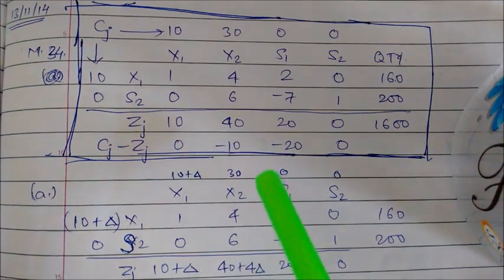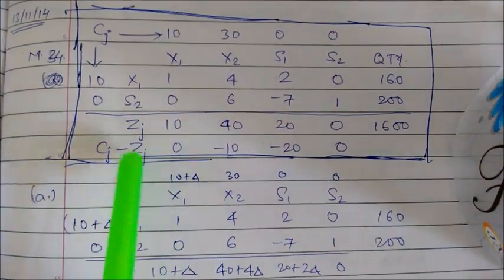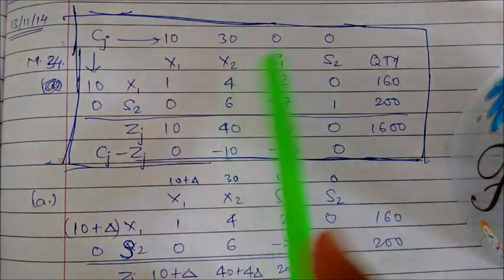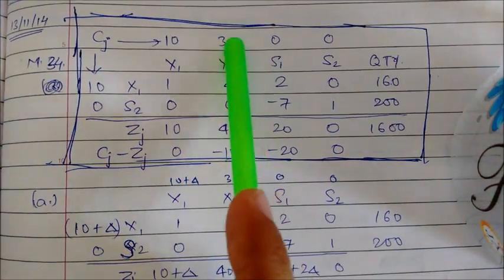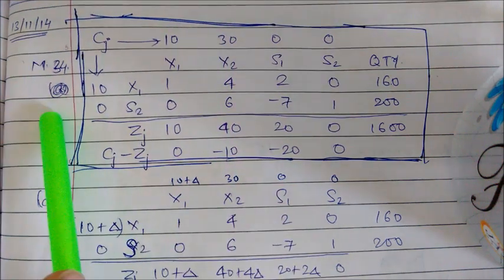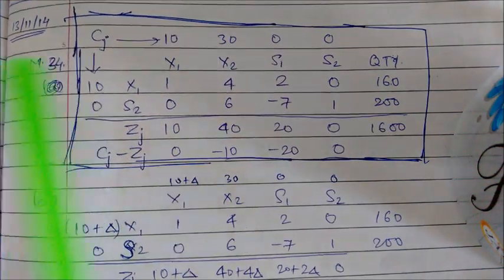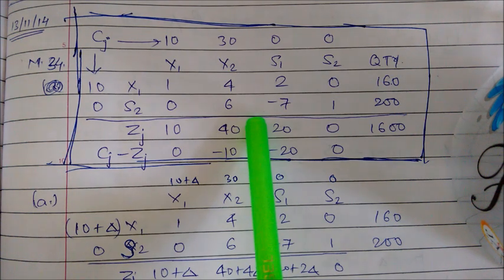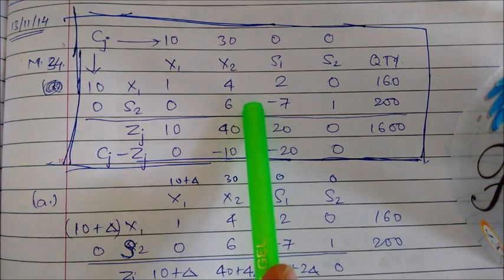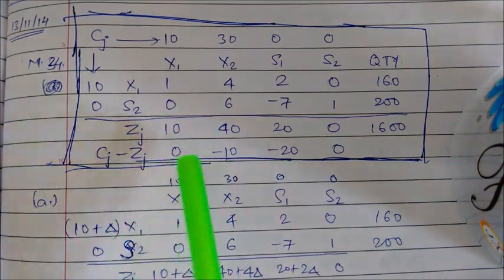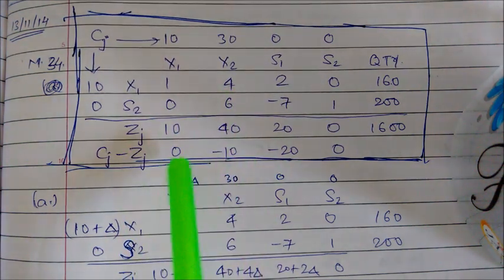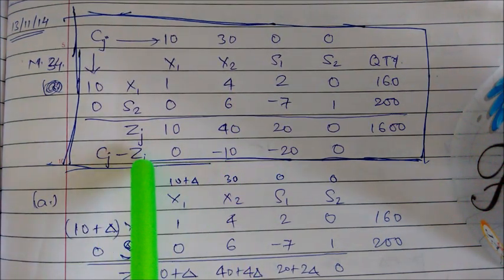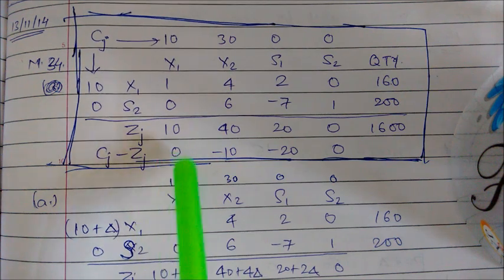Even if we add delta out here like we did in the previous case, that 30 plus delta effect would not come out here because x2 is not there in the basis. So in order to verify that our solution basis does not change, we'll do the same steps as before.